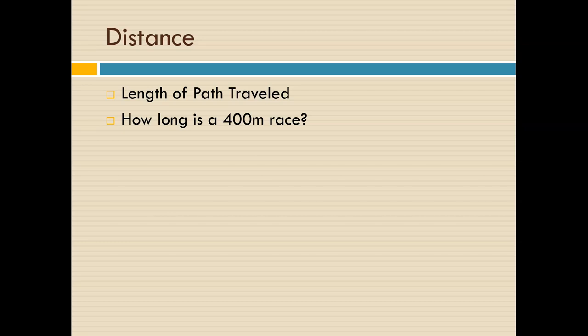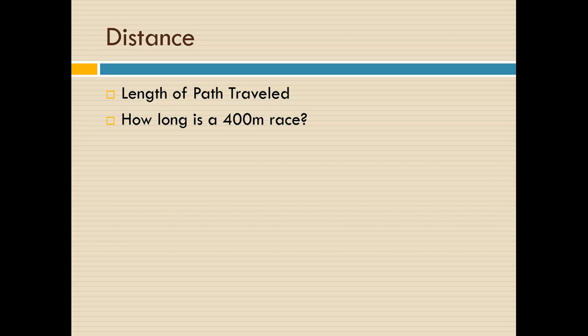So how long is the 400-meter race? 400 meters, one lap around, exactly right. The distance that the runner runs is going to be 400 meters. This is assuming lane number 1. All good? If I did the mile, or if I did the 1,600 meters, how long is the 1,600-meter race? Well, for everybody then, it's going to be 1,600 meters, because everybody's starting on the same line and finishing on the same line, right? Okay, that's the distance, that's the path.